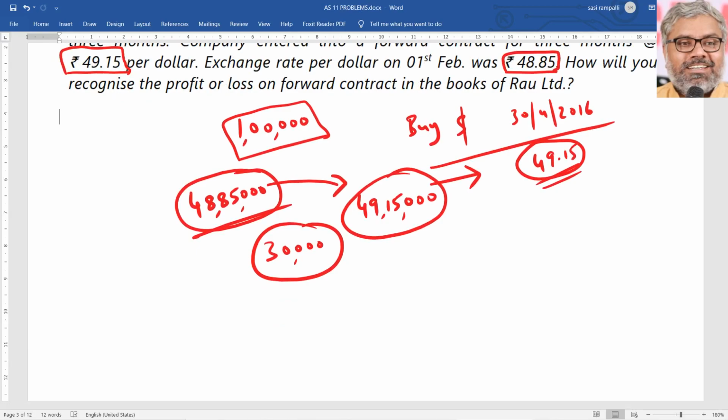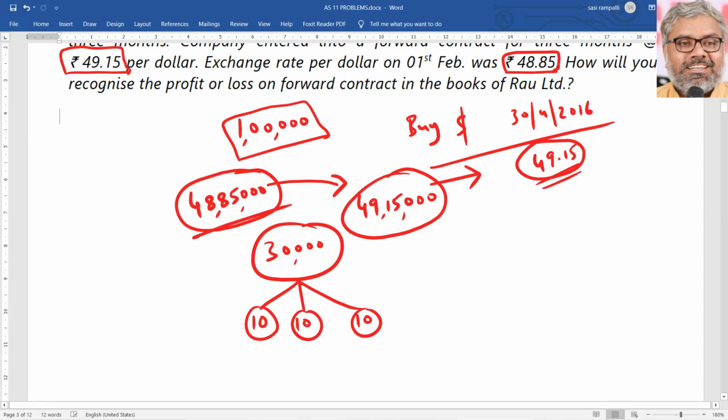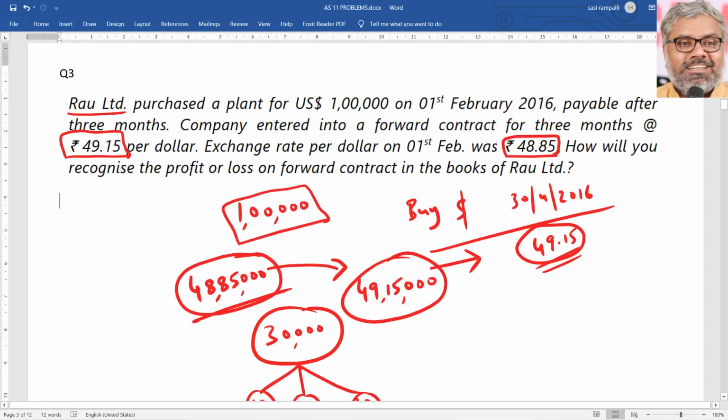This has to be amortized over the period of the contract. That means each month, because it is a 3 months contract, 10,000, 10,000, 10,000 has to be charged to the P&L account. But the point is not that. 1st February they have entered into the contract.